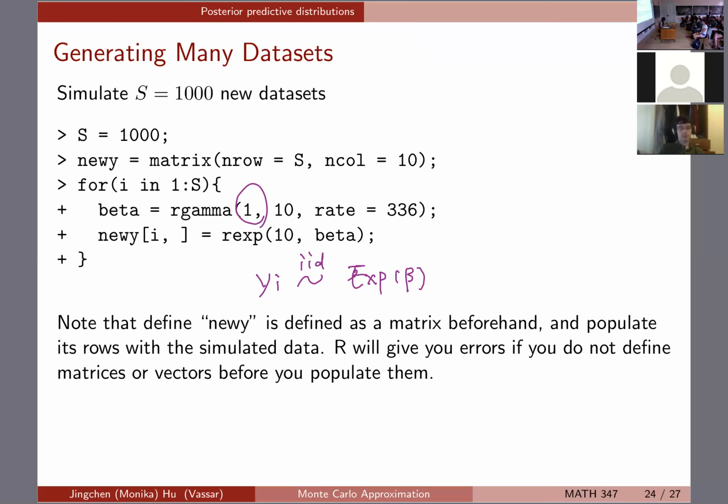So when you're generating a new data set which contains 10 observations, you should generate from the same beta. That's why in the loop, I'm doing 1,000 new data sets, and for each data set I only have 1 beta. So this is 1, but here is 10. This one only gets 1 beta, but from that 1 beta, I got 10 observations. Very subtle, good point.